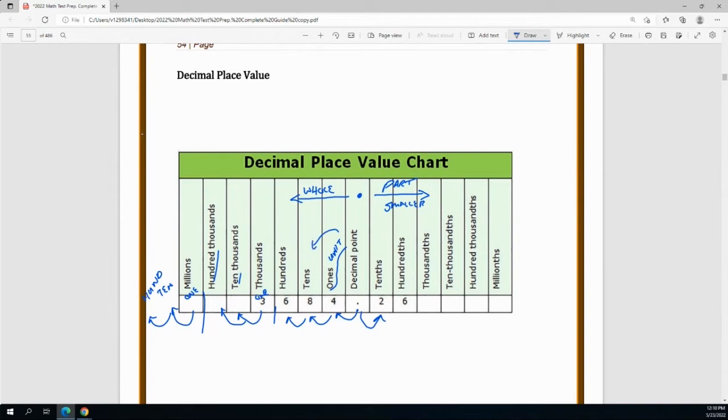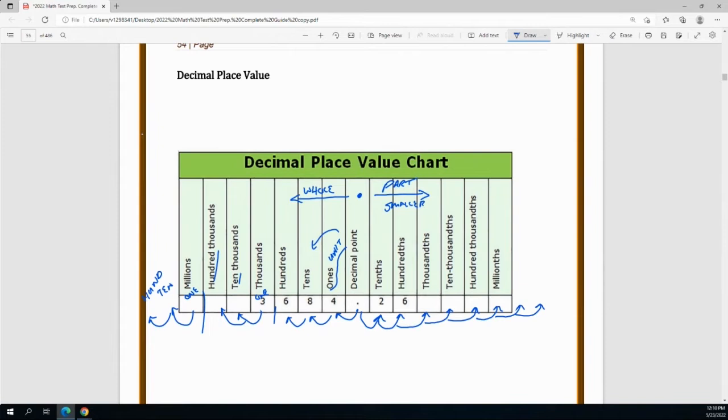And they start with the tens. So we're going to skip the first spot, and then we go 10, 100, 1,000, 10,000, 100,000, 1 million, 10 million, 100 million. So it's the same pattern.